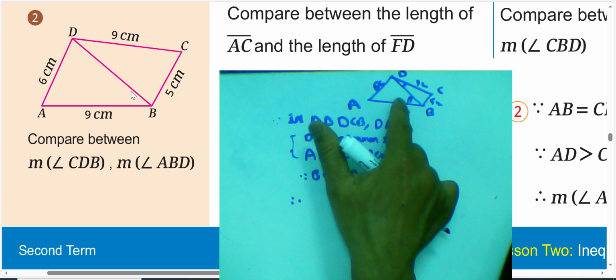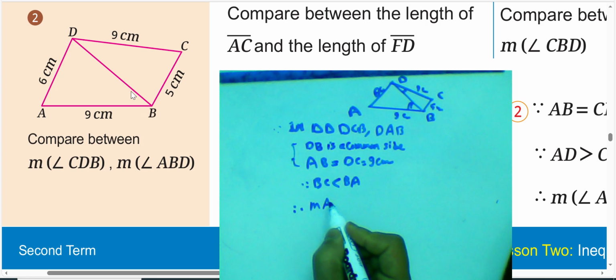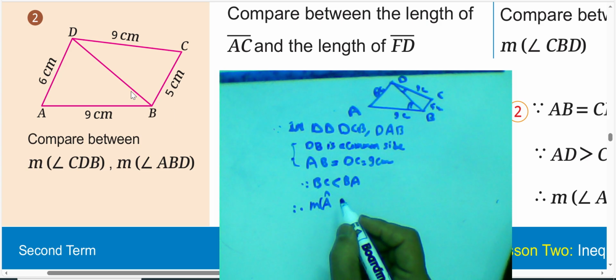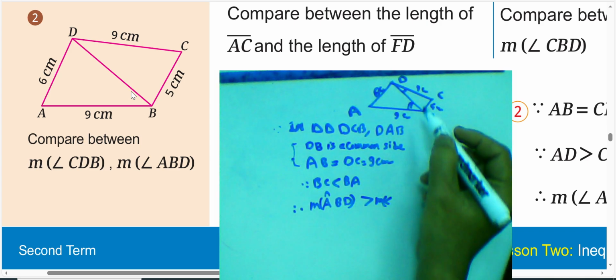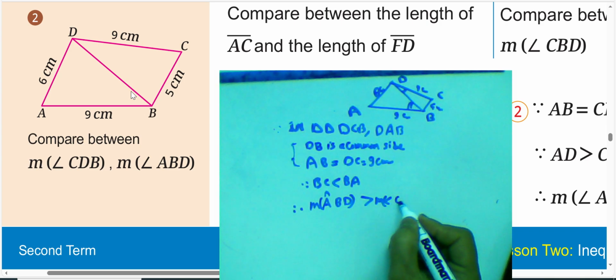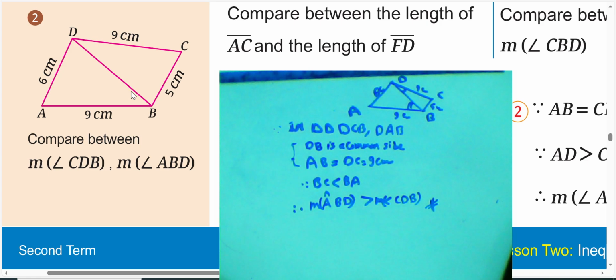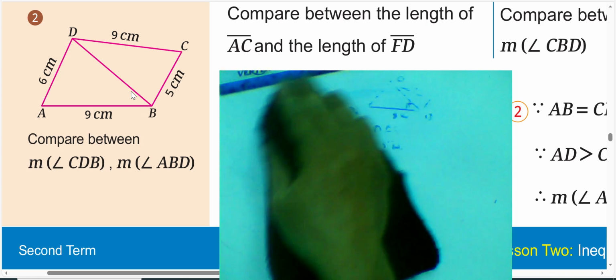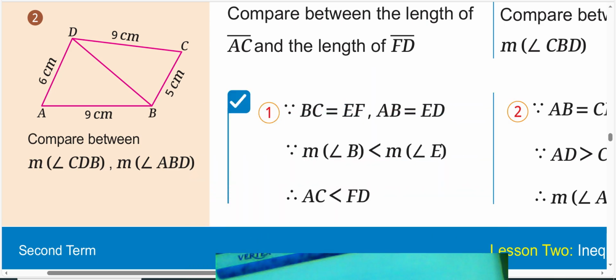The opposite of 6 is this angle, so the measure of angle ABD will be greater than the measure of angle CDB. Okay, understood? It's an easy question. Okay, next.